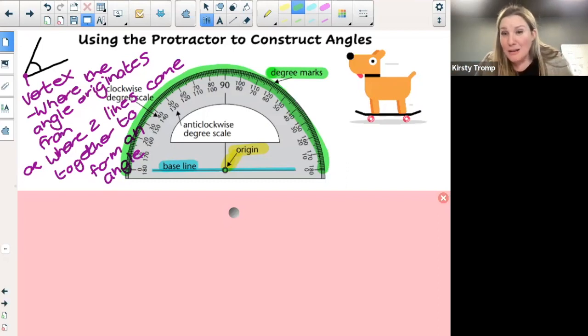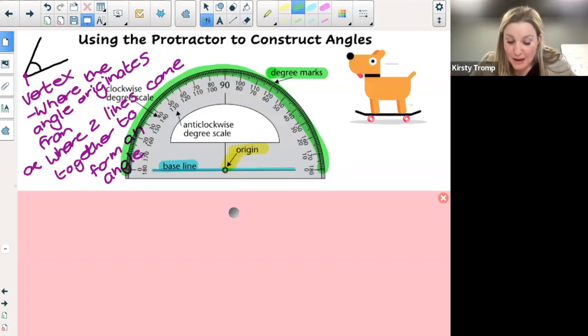Guys, that's not clever. Those are the degree marks. That's like taking your ruler and scraping off all the centimeters and millimeters. You're not going to be able to measure anything. So you've got to be careful with your instruments.